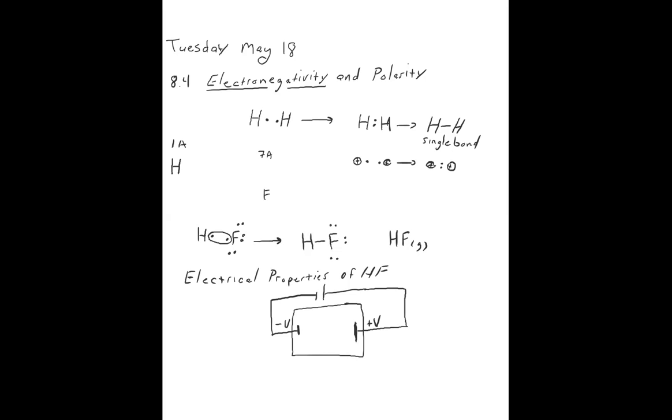And what is observed is that the HF molecules, they're gas molecules, right? So they're bouncing around inside this container, right? Just like a gas. But what's observed is they tend, on average, even though they're able to spin, on average, they have a particular orientation. And the orientation is that the hydrogen is directed towards the negative potential here on the left.